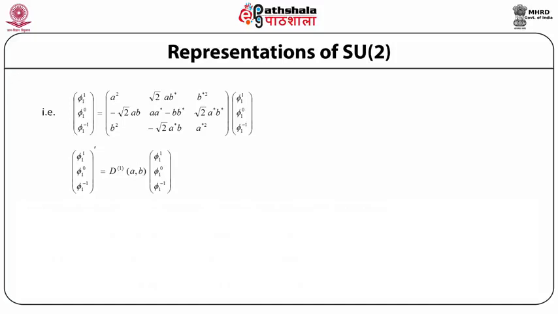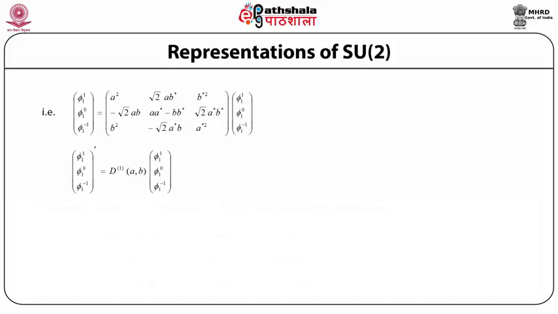Putting these transformations of monomials phi 1 1, phi 1 0 and phi 1 minus 1 together into the form of a 3-column vector with components phi 1 1, phi 1 0, phi 1 minus 1, the transformation can be effected by a 3 by 3 matrix, which can be easily constructed by the transformation which we discussed earlier, operating on the unrotated monomials.